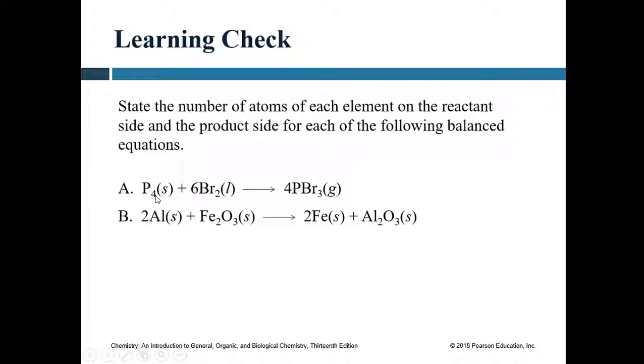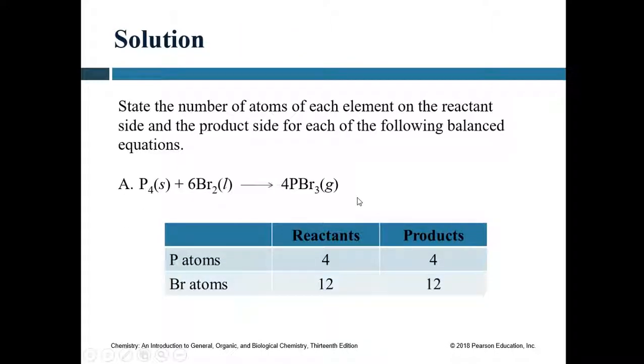We have 4 P's here, and over here we have, for our products, 4 P's. And here I have 6 times 2 for our Br's, so that's 12 on this side, and I have 4 times 3, which is 12 of our Br's. Notice the reactants and the products of our P's balance out, and so do our bromine atoms at 12.